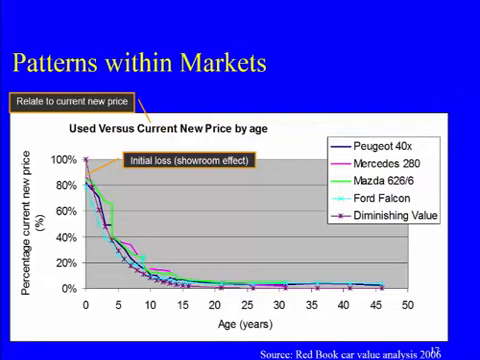When we look at the behavior over the first, say, 5 or 10 years, we see that some makes behave differently. Somehow it appears that the Mazda holds its value better than the other vehicles in the first 5 years of its life, but then it falls back down into line.